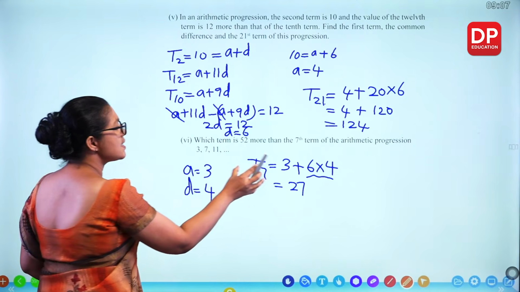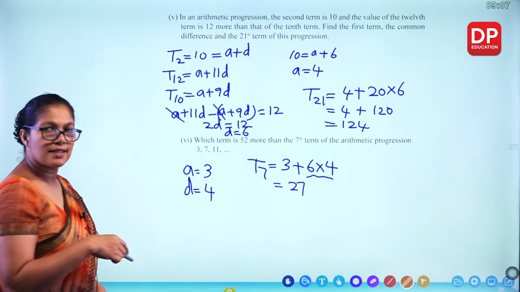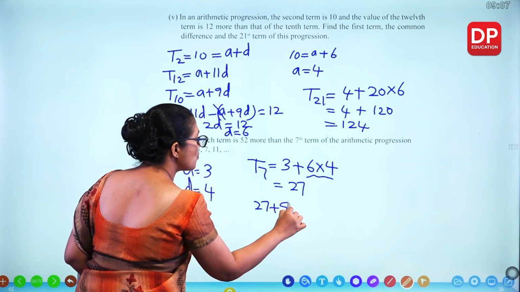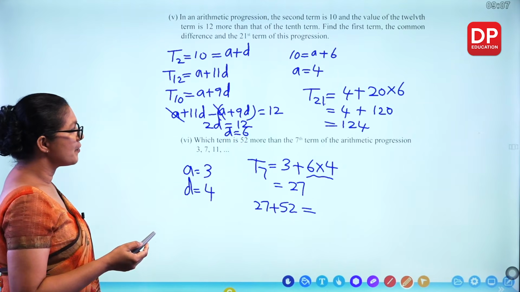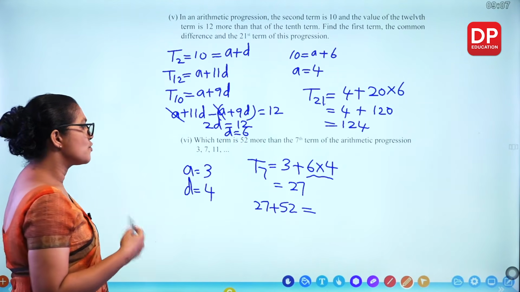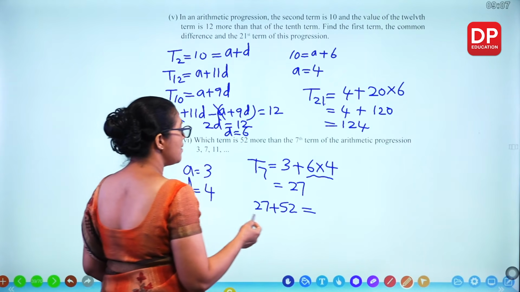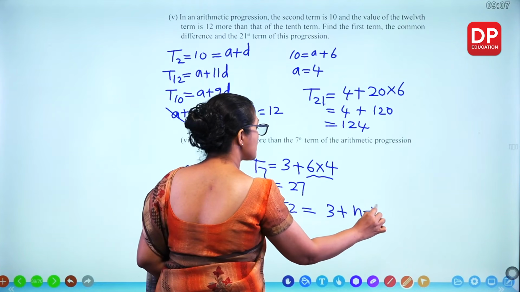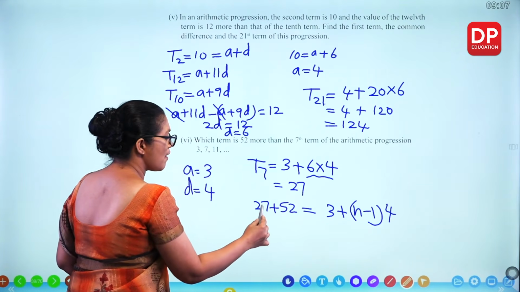So we need a term 52 more than that. So we'll add 52 to that. 27 plus 52 is which term? We need to find out that term, so we can use the nth term formula, A plus n minus 1 times d. D is 4. Now simplify first.